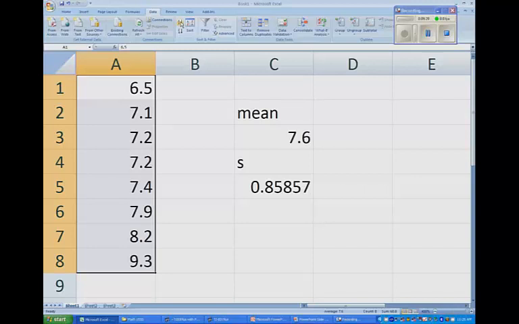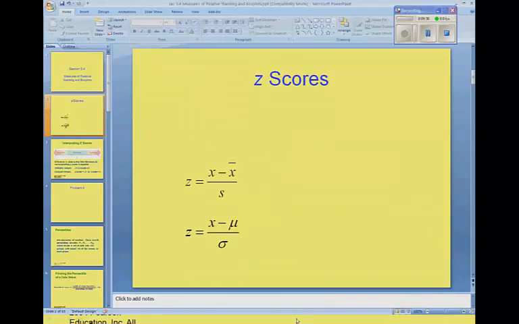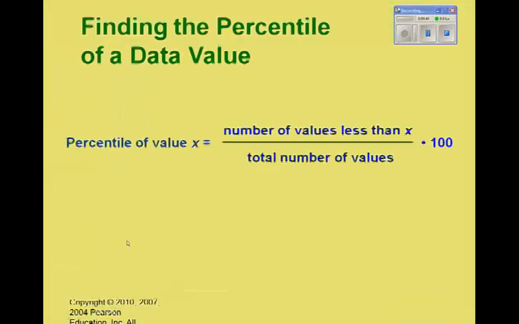So what do I do? Well, according to my formula, the percentile will be the number of values less than x divided by the total number of values.